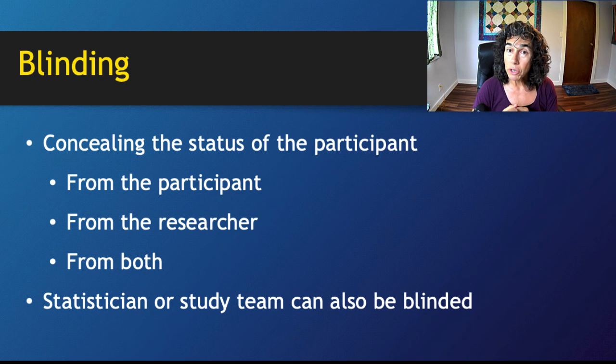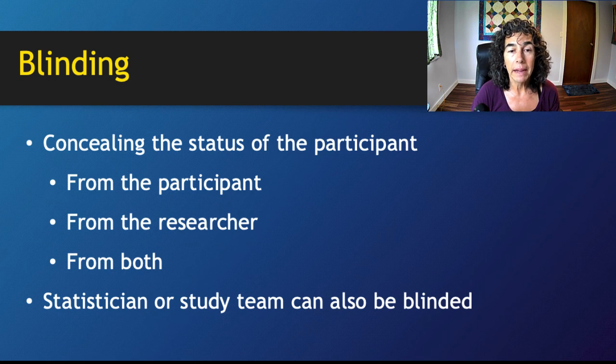Blinding can also be from the researcher. Sometimes some researchers actually do the study, and other researchers analyze the results, and they don't know which participants were in which group and who received what sort of intervention, and that keeps them honest and objective.